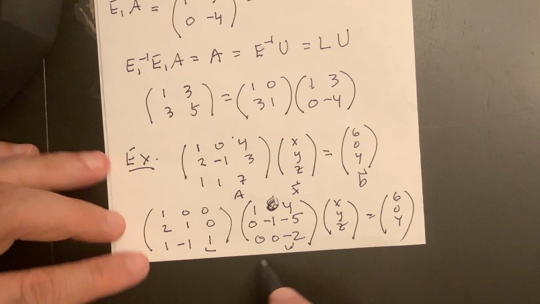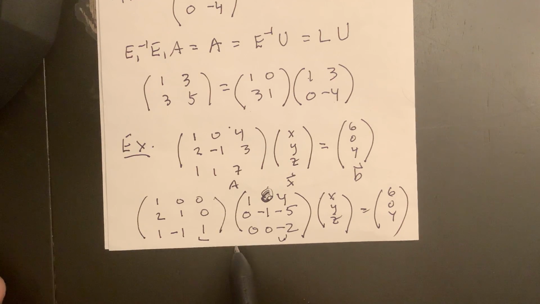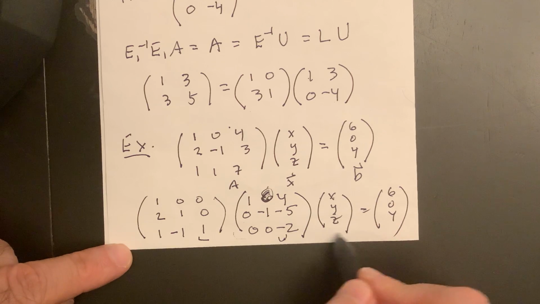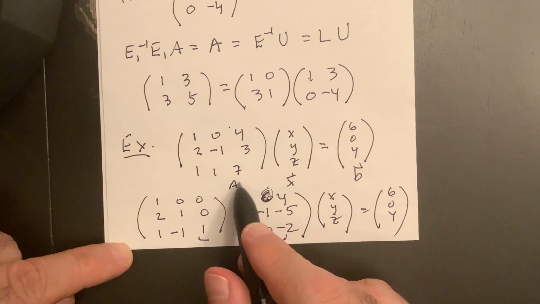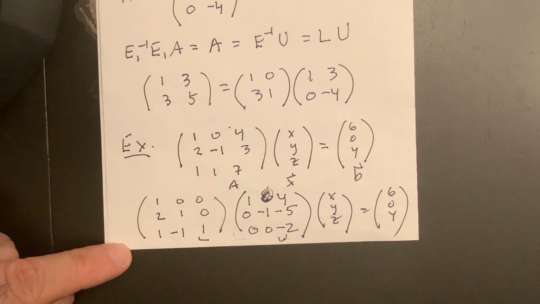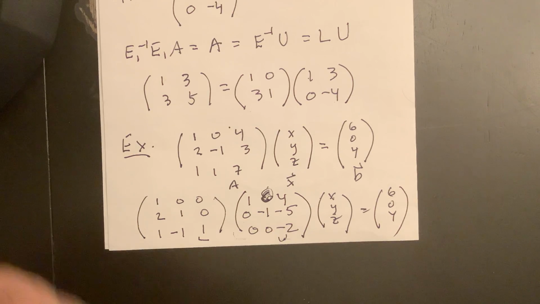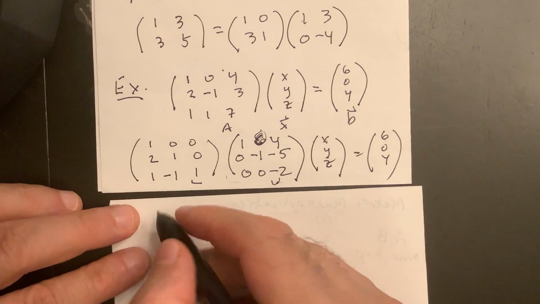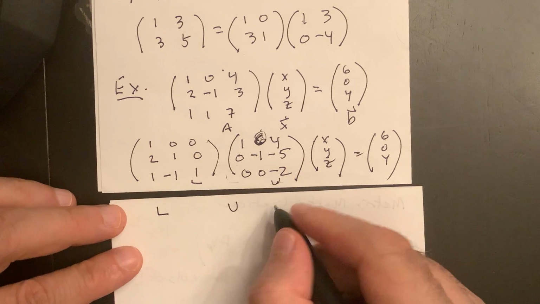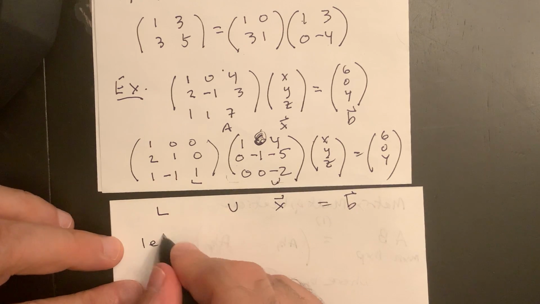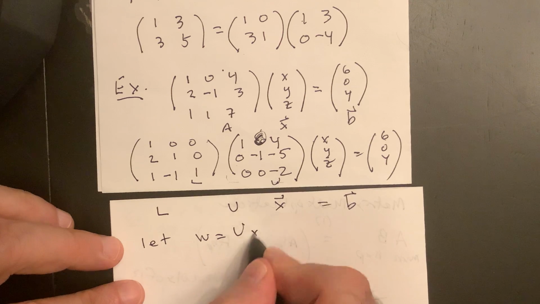We did this. Okay, well, here's what we could do. I can let this product, what dimension is this product going to be? It's going to be a vector, right? This is going to be a 3 by 1 vector. So let me name that vector something. Okay, so we have LUX equals B, right? So let's call it W equal UX.